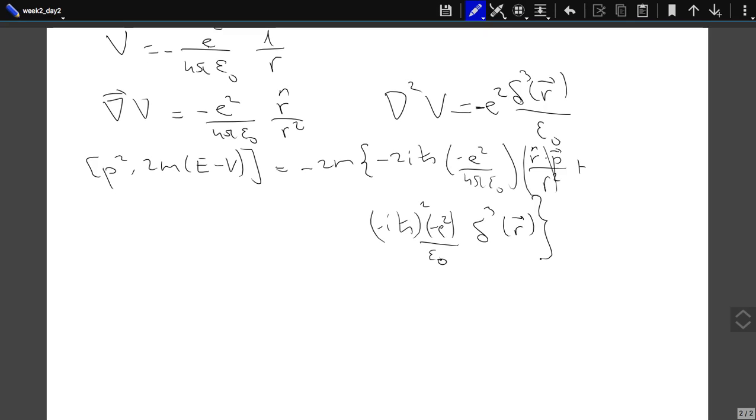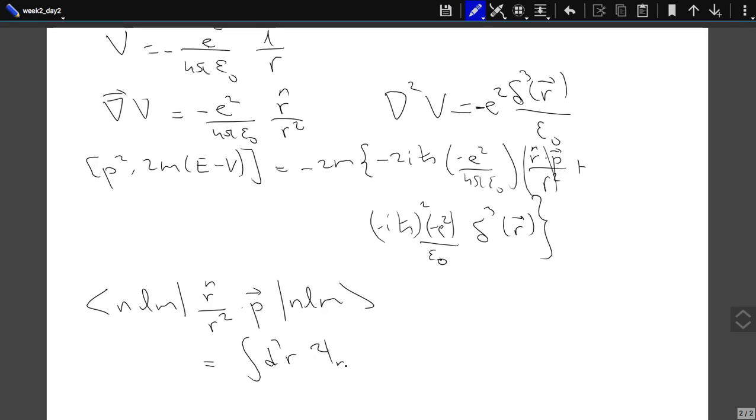Now we need to calculate the matrix element of that thing. Let us start with the first term. If you forget about the constants, <n l m| r hat over r squared dot p |n l m> is equal to the integral d cubed r of psi n l m conjugate, times, well, p is the gradient operator, and we are only taking the radial part of the gradient operator.